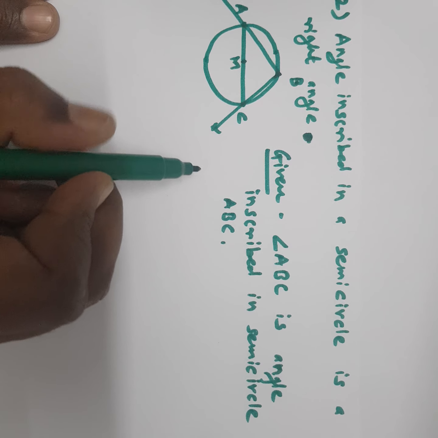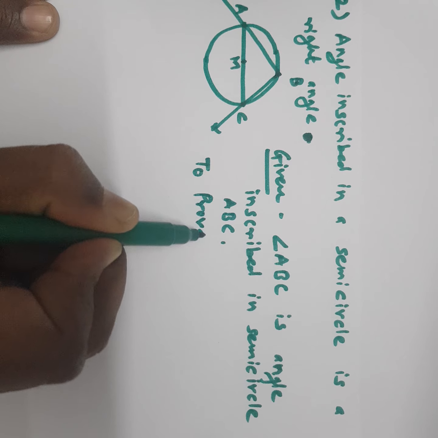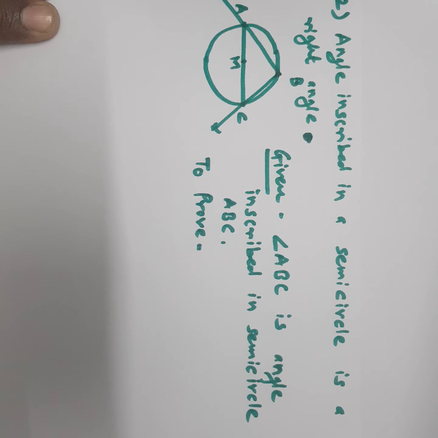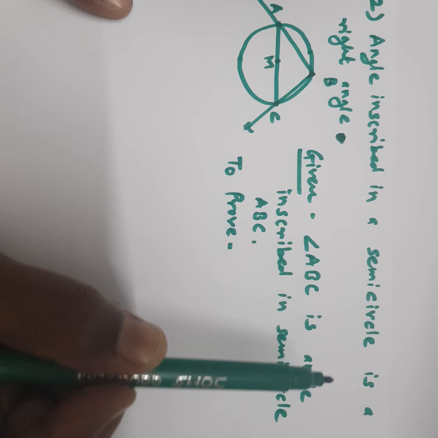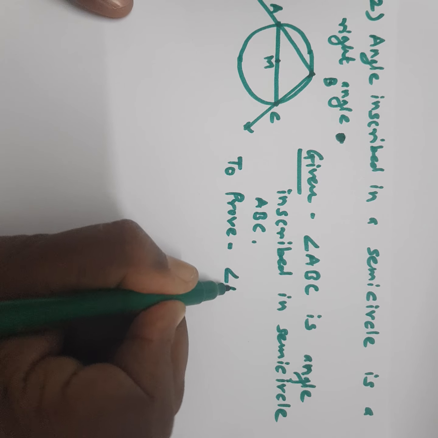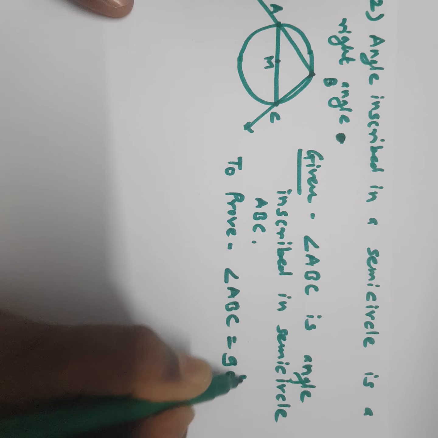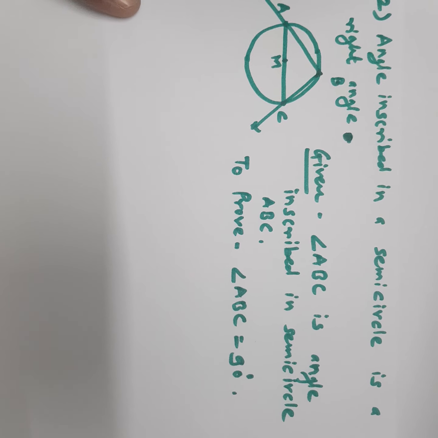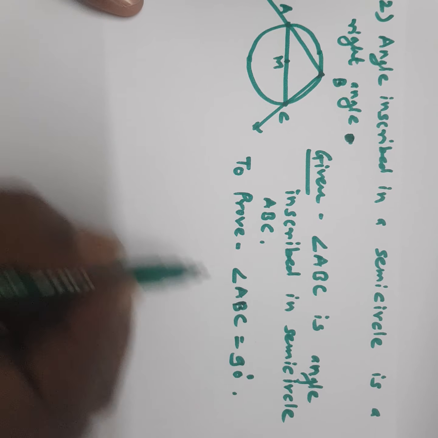Now to prove, what is to prove? An angle inscribed in a semicircle is a right angle, means angle ABC is equal to 90 degrees, or in a sentence we can write angle ABC is a right angle.